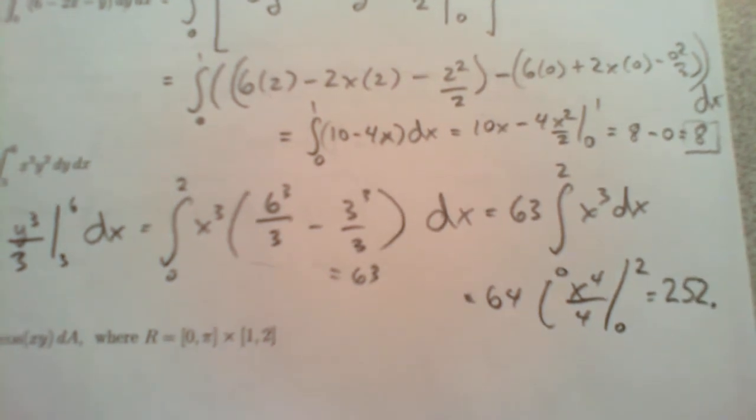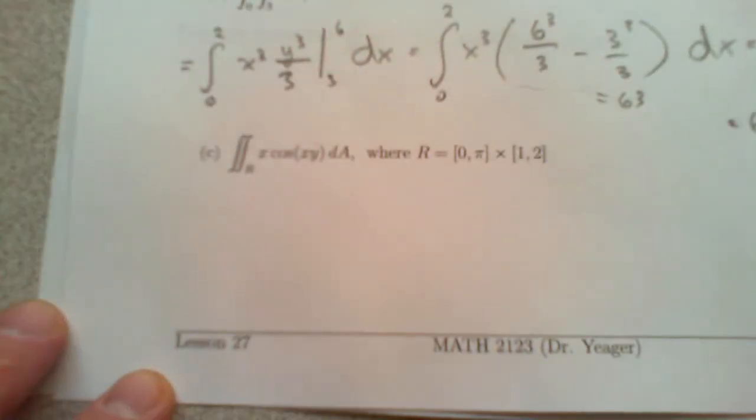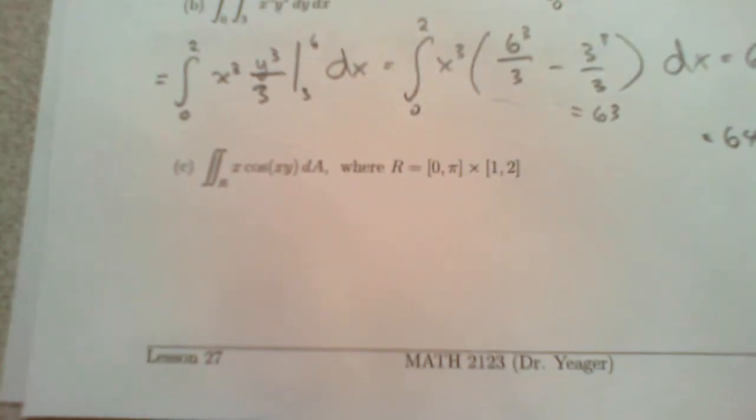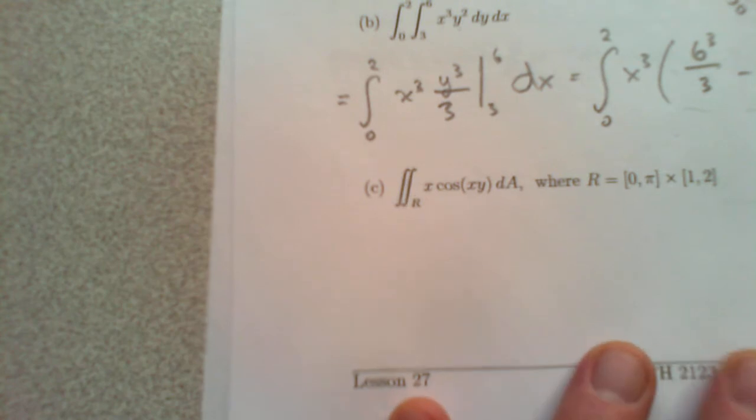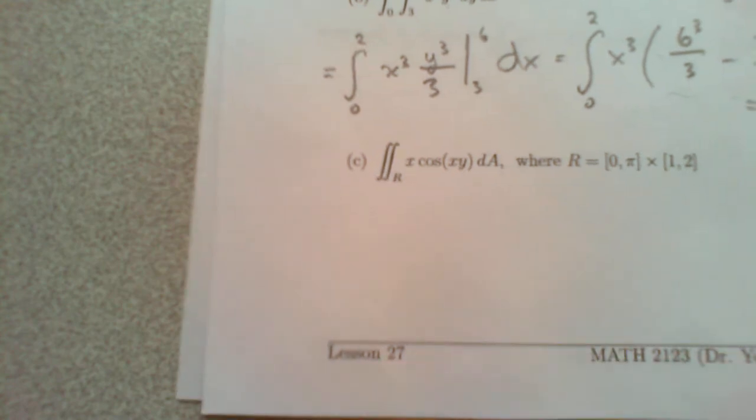All right, now more examples here. Now you have the integral of x times cosine of xy. It's just been written in a different way. This way it's been written so that R is that region that's a rectangle on the xy plane, and they've just written it a little bit fancier.